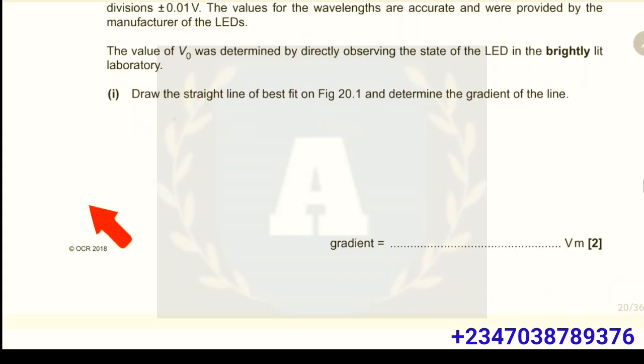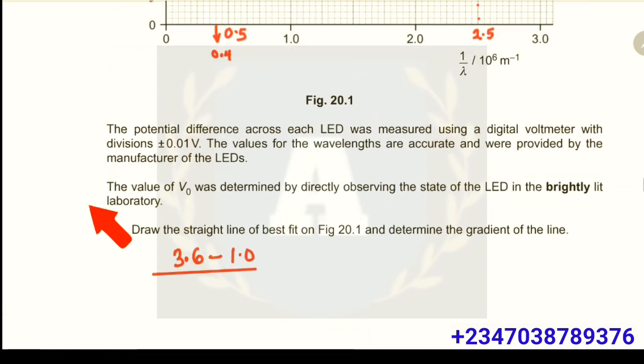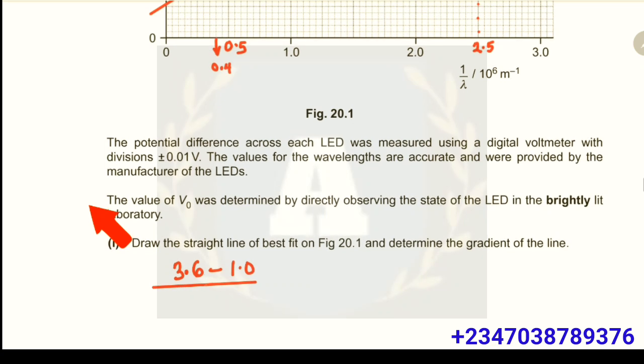Our gradient is going to be 3.6 minus 1.0 divided by 2.5 minus 0.4. So 3.6 minus 1.0 gives 2.6, and 2.5 minus 0.4 is 2.1.